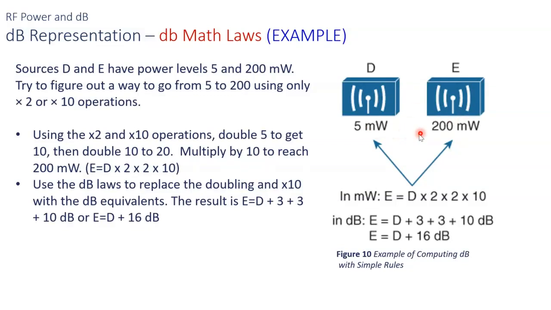If I divide them, 200 divided by 5, it will be 40. But I don't need it like this. I need to know in dB how much source E is higher than source D, in decibel. How do I get it? I will not multiply by 40.